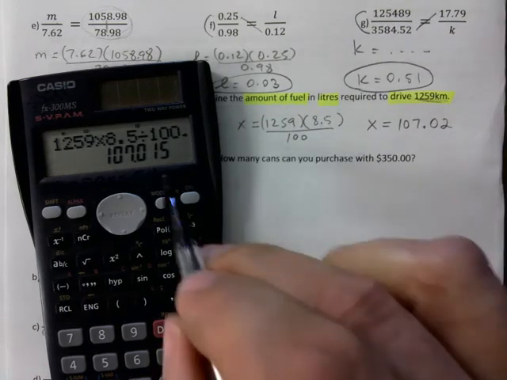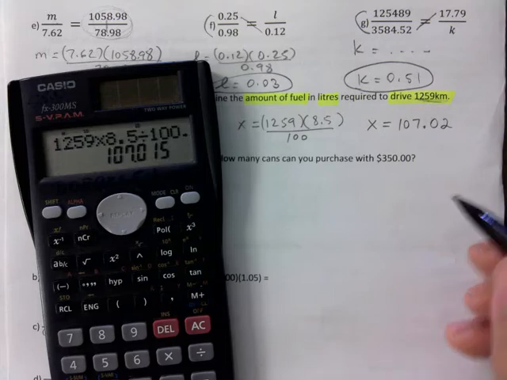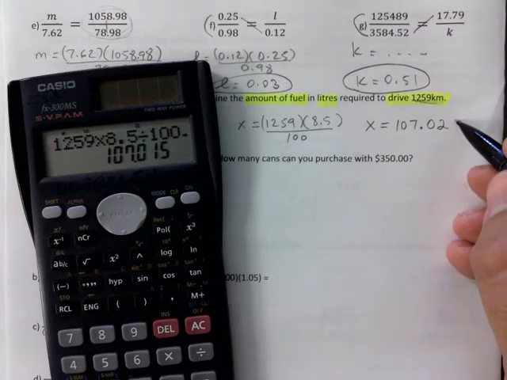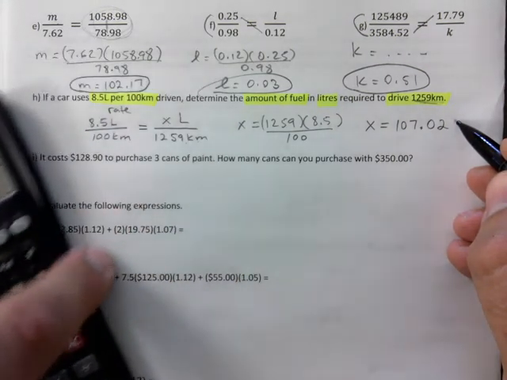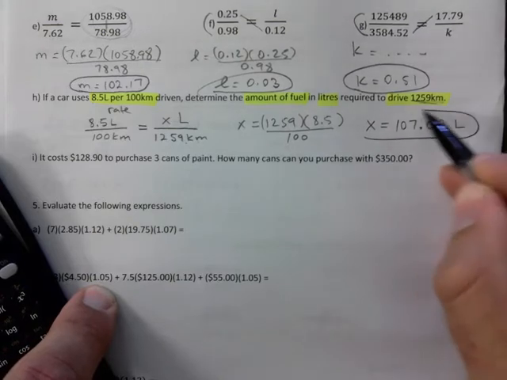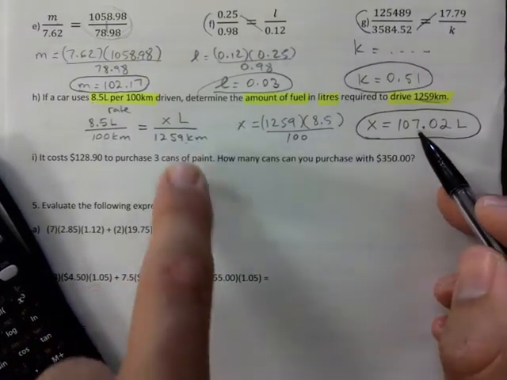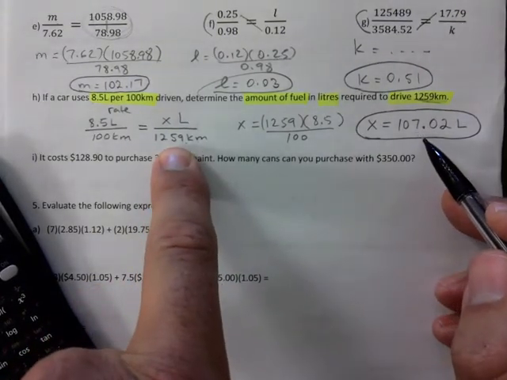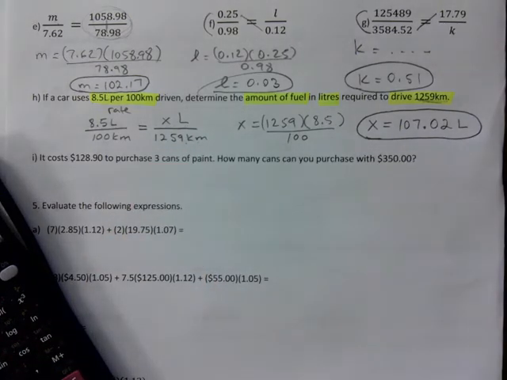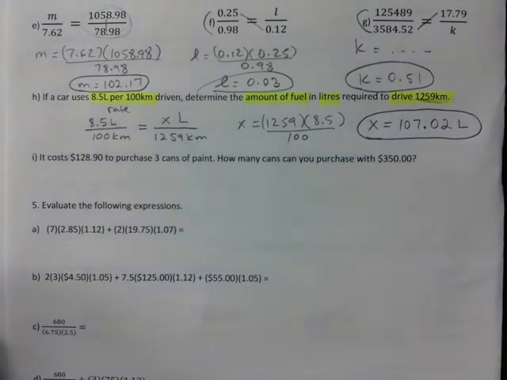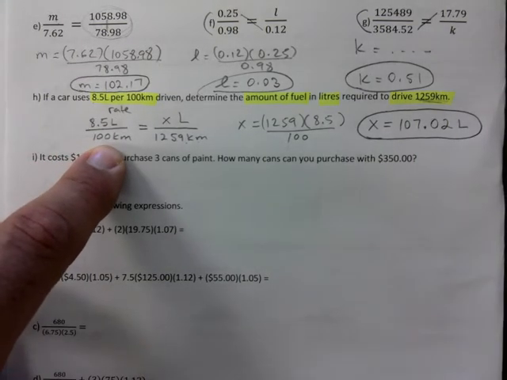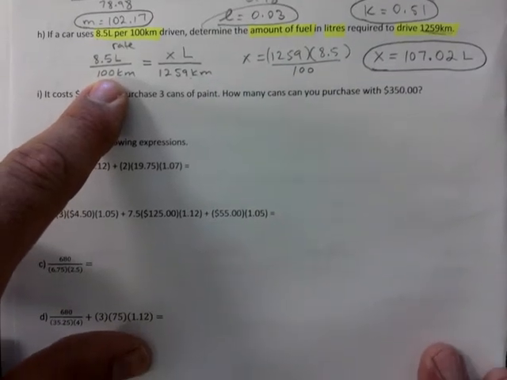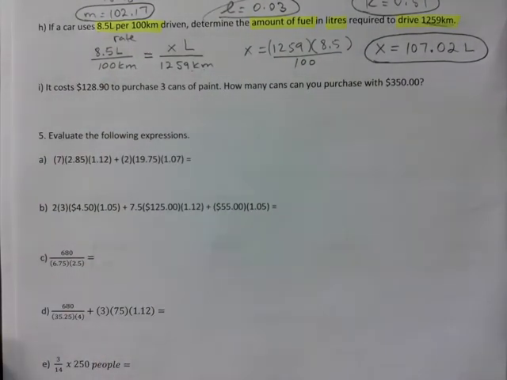And if you put down 0.15, that is okay, but by default it's 2 decimals for your final answer. This is how many liters you would need to travel that distance. A small car, like a Honda Civic, is about 8.5 per 100 kilometers on a highway. So if you're traveling longer distances, you can kind of predict how much you're going to need.